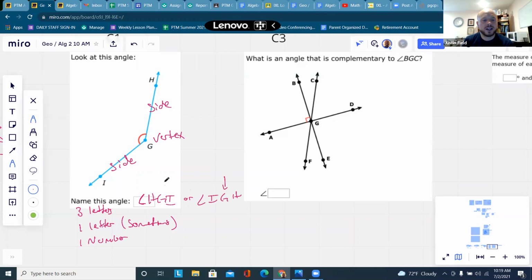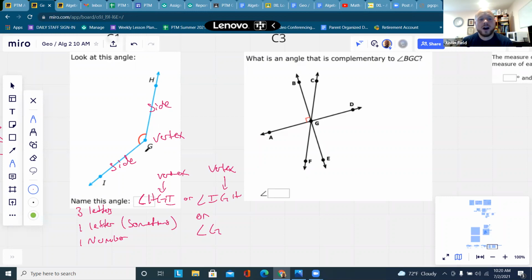What's important is that the G is in the middle. You have to put the vertex in the middle. If it's the only angle in the picture with that vertex, then you could also write angle G. I don't know if IXL will take that, but it would be fine if you wrote that in your notes. This is angle G.